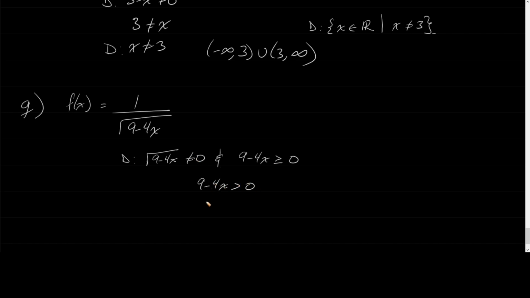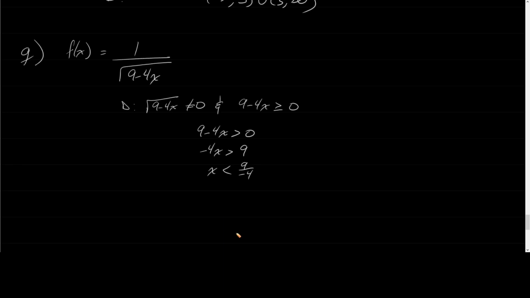Solving for x here, move the 9 over, so negative 4x is greater than 9. Divide by negative 4. 9 divided by negative 4 is negative 9/4, but because I'm dividing by a negative, the inequality symbol changes. So that's my domain: x is less than negative 9/4.